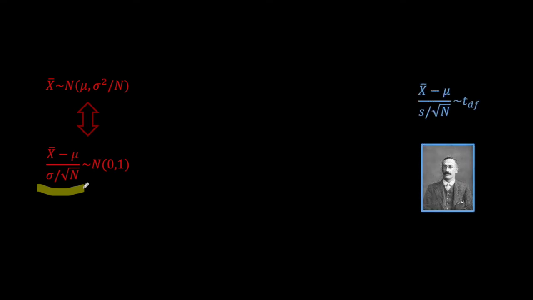What Gosset said is that yes, that's all fine, but if we were to use the S, the sample standard deviation, then we cannot claim anymore that this is normal, because this S has its own uncertainty.